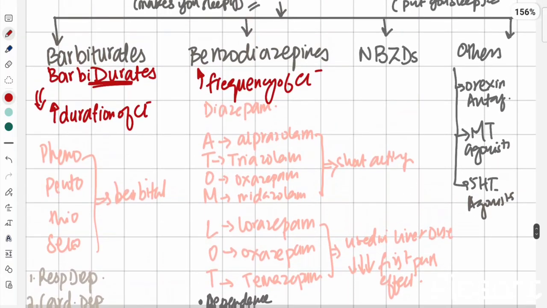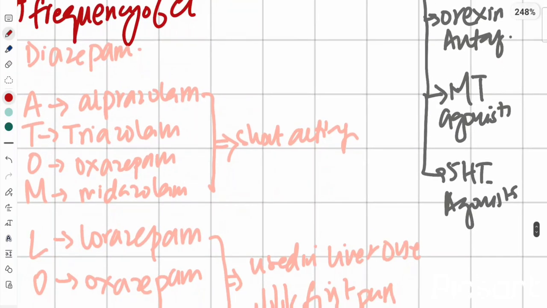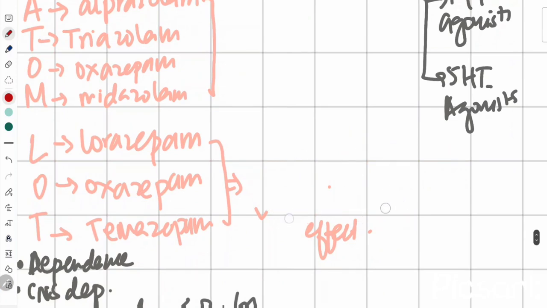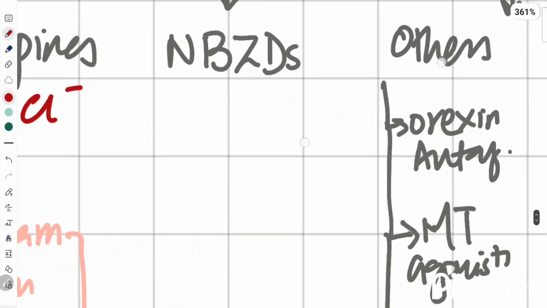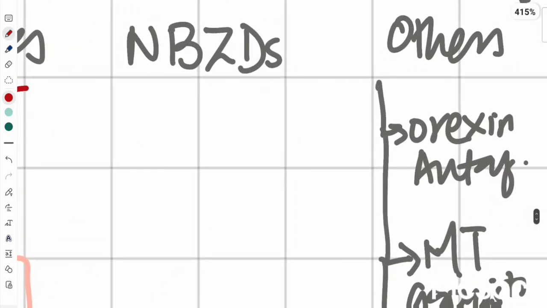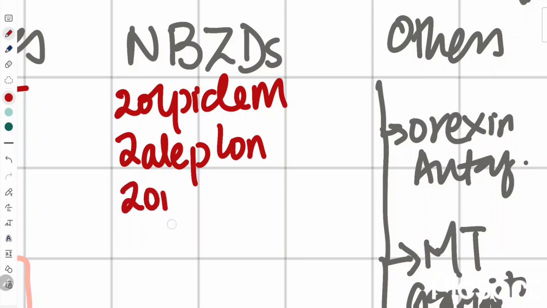Now that's that. We're gonna now move on towards non-benzodiazepines. I'm gonna erase extra things. So non-benzodiazepines, these include zolpidem, zaleplon, and zopiclone.